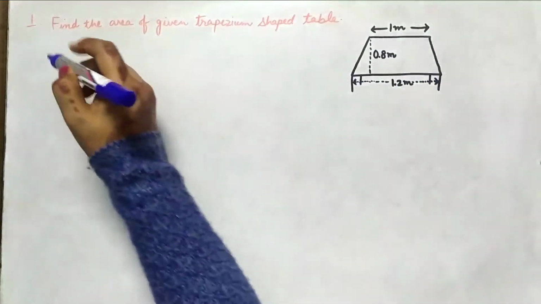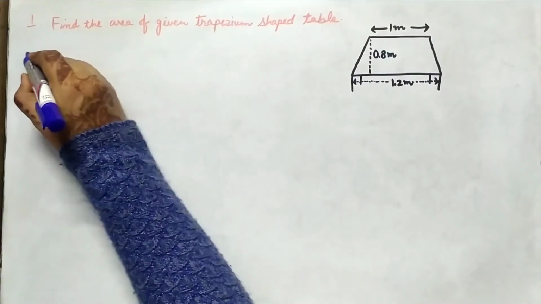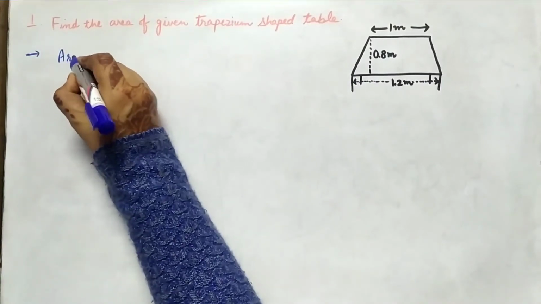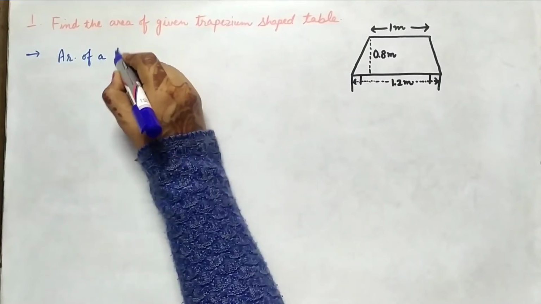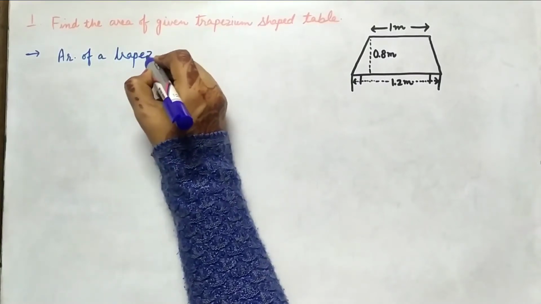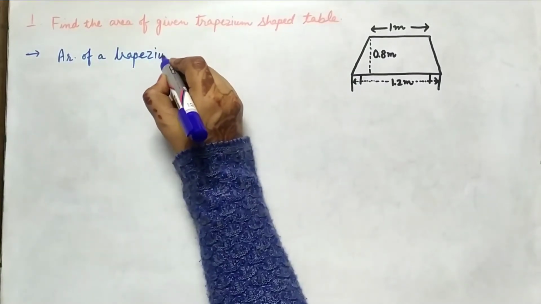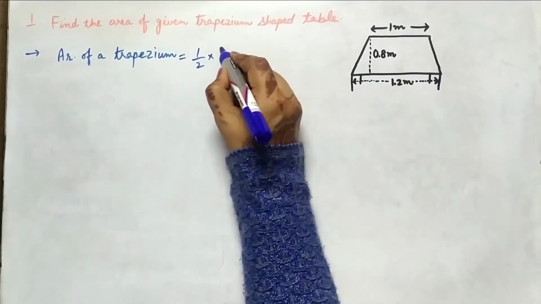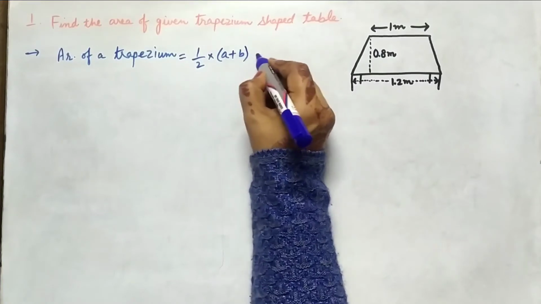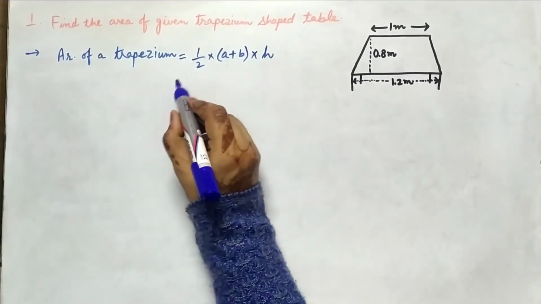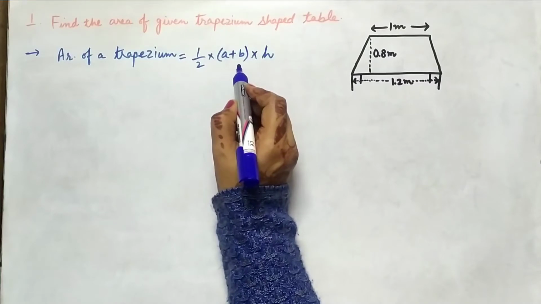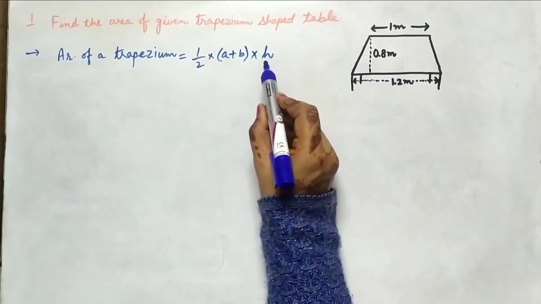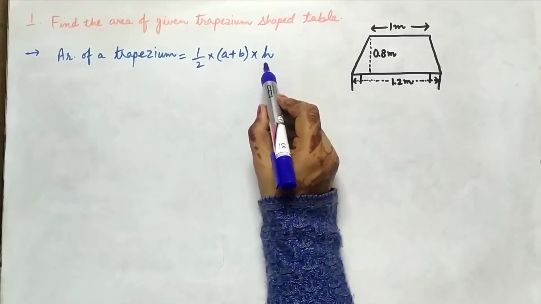Here first of all we will write the area of a trapezium. We know the formula, that is equal to 1 by 2 into A plus B into H. A and B were the parallel sides and H was the distance between the two sides.